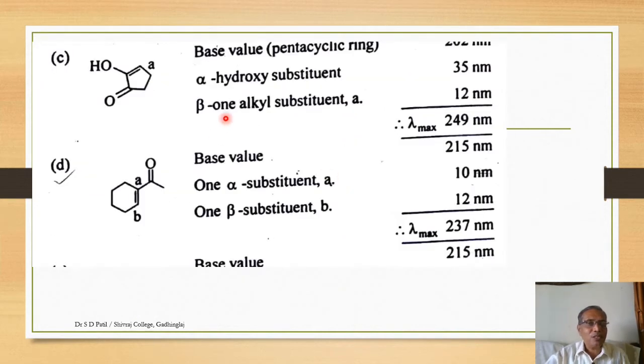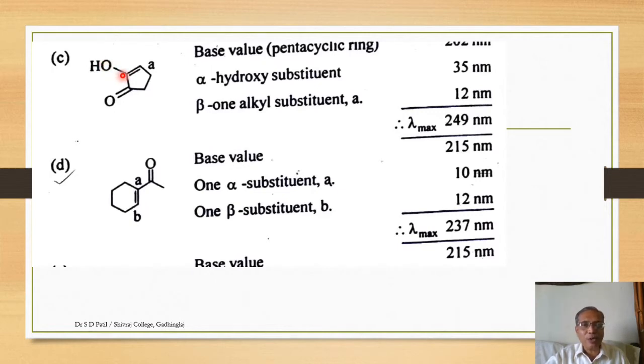So let us solve some more problems. This structure is a pentacyclic enone. So the base value for a pentacyclic enone is 202 nanometers. Then it has one hydroxy substituent at position alpha. This is your carbonyl group. This is the double bond in conjugation. This carbon is the alpha carbon, and at the alpha carbon you have an OH group.